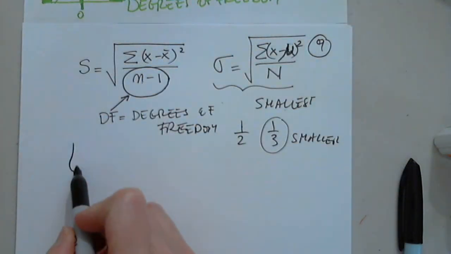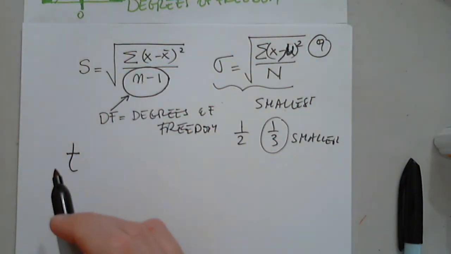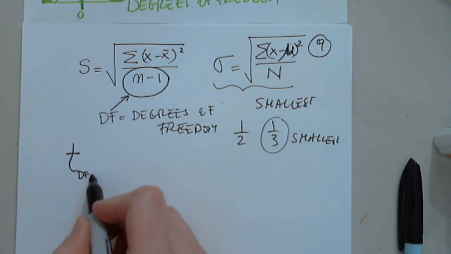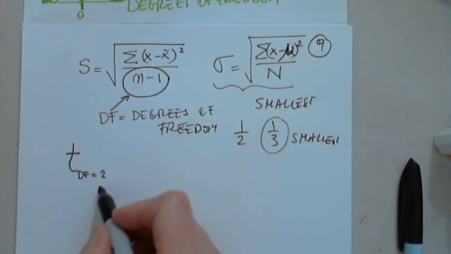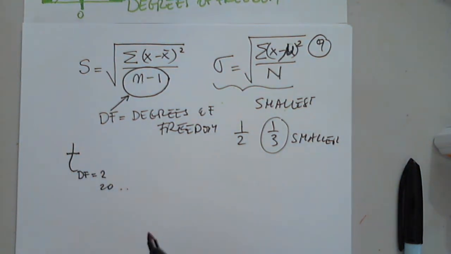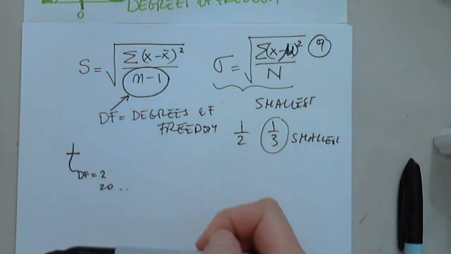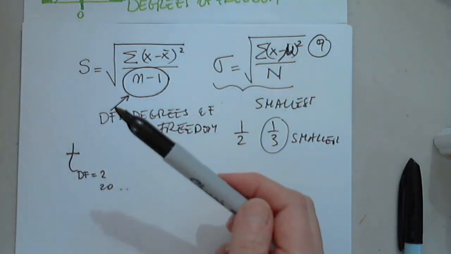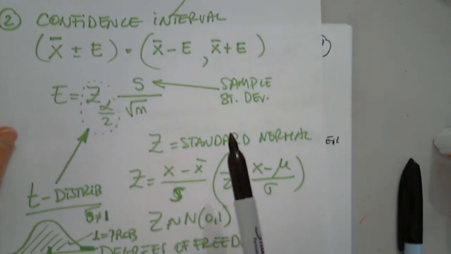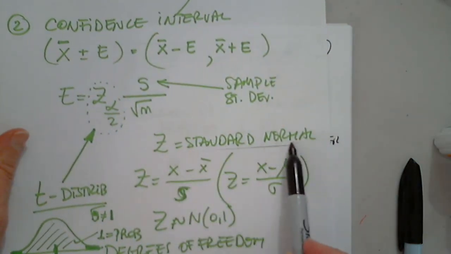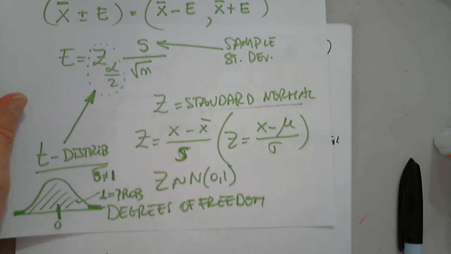So when we look at this t distribution, we will always have to write degrees of freedom. 2, 5, 10, 15, 20, whatever that is. So the t distribution has a minor difference in shape for different degrees of freedom. That's where the standard deviation is different for each. So here I will always say standard normal is a normal distribution with mean 0 and standard deviation 1.